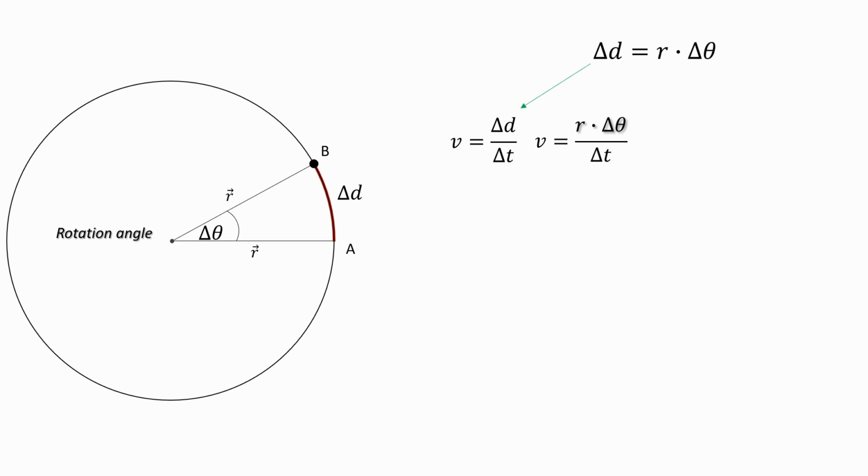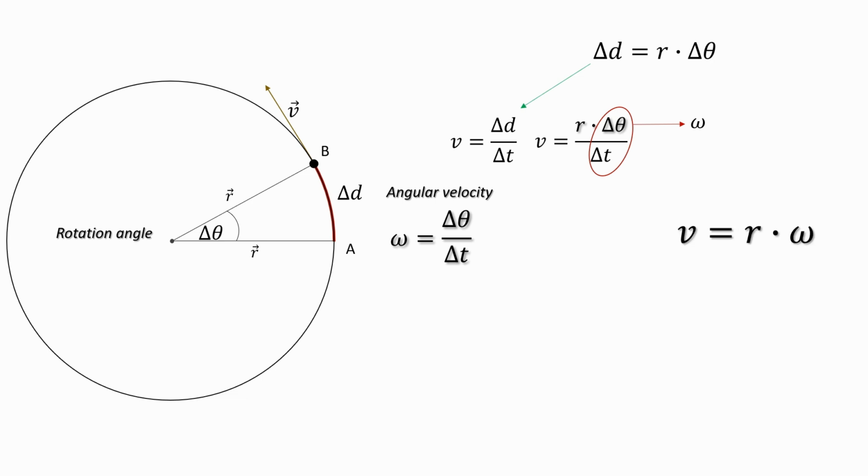When an object moves in a circle, the linear velocity always aligns with the tangent, hence it's known as tangential velocity. The value of the expression delta theta over delta t indicates the rate at which the position vector r rotates, its angular velocity, omega. Therefore, the tangential velocity v can be represented as the radius multiplied by the angular velocity.